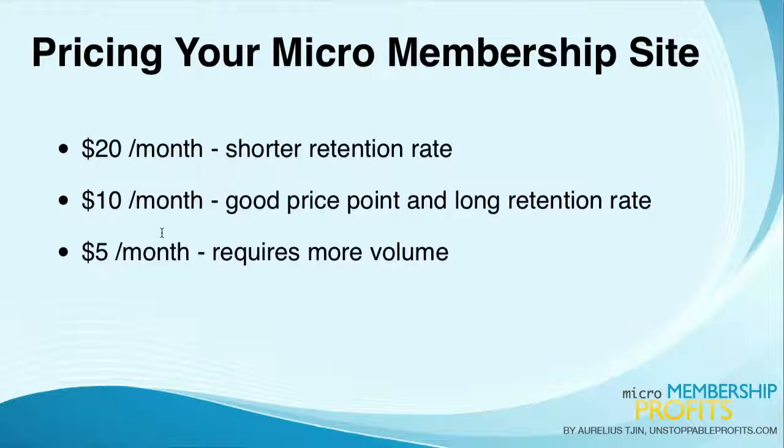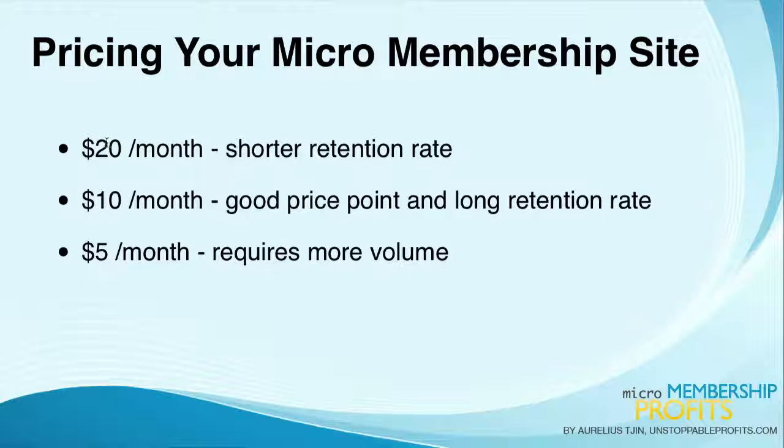Really, I don't know what you're going to sell in your micro membership site, what you're going to offer, what type of content. So it's a matter of looking at how much value you're adding and then basing it on that. If you want to sell at $20, I would recommend at least starting low first, just to see the response, and limiting it to just like the first 50 members or so, and then after that increasing it to $20 a month just to test it out, rather than starting from a higher price and then lowering it after.